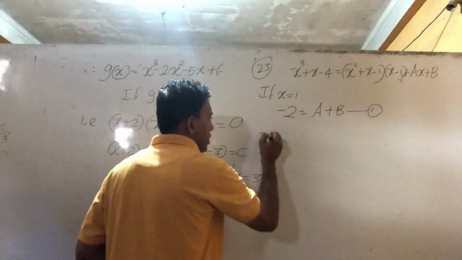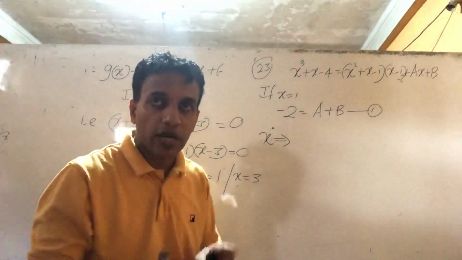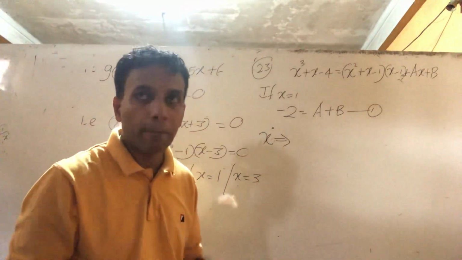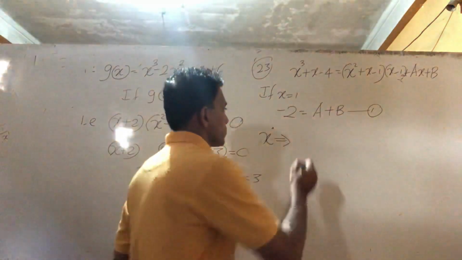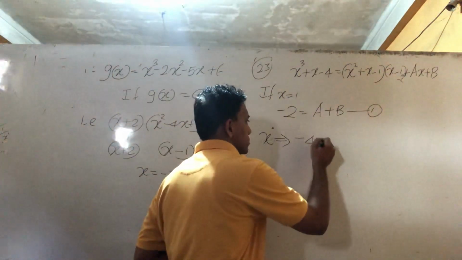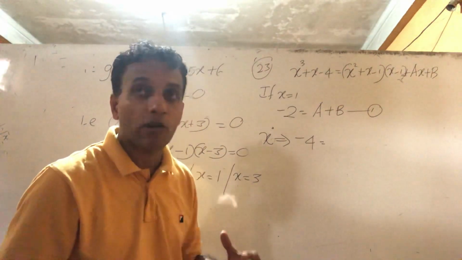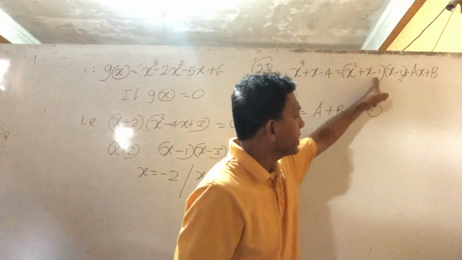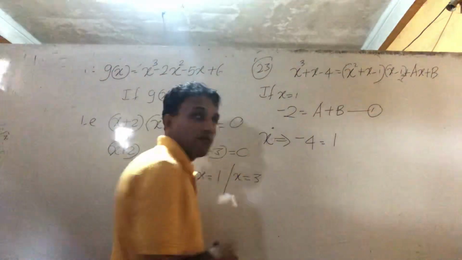Or the x to the power 0 coefficient. Equate both sides' x to the power 0 coefficient, that means the number. What is the LHS, left hand side? Minus 4. See the other side, where is the term independent of x, without x? If you multiply these two brackets, minus 1 times plus 1, that is the number coefficient without x.